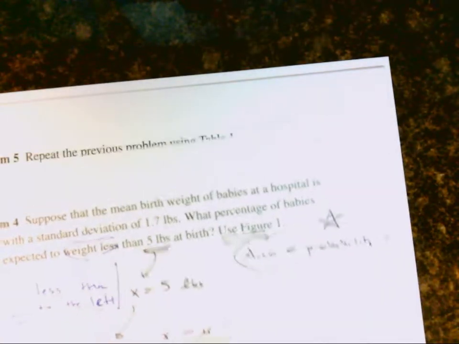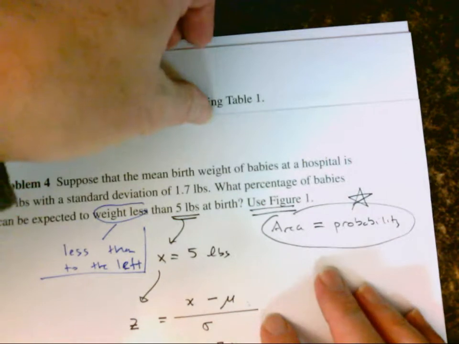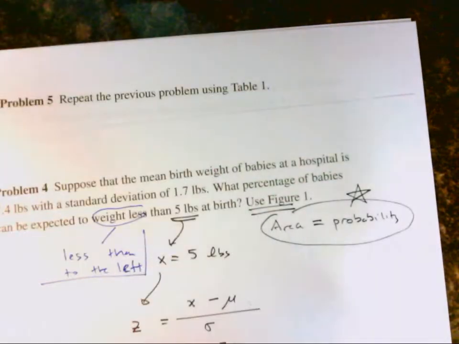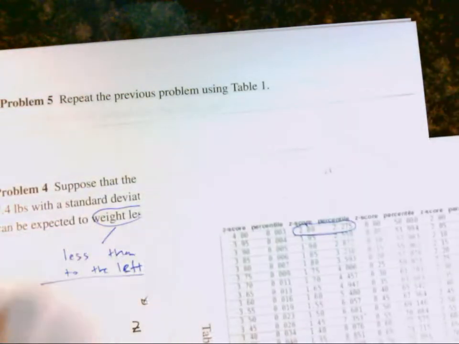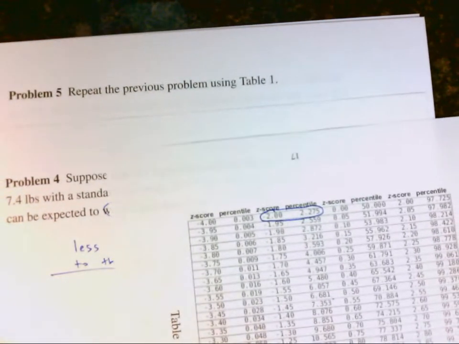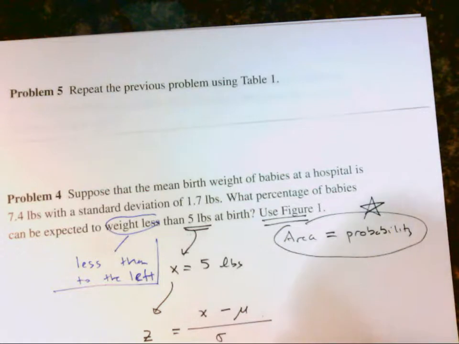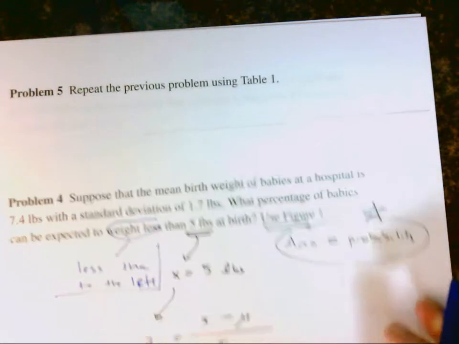We're going to repeat the previous problem now using a z-table. So we have to dig out our z-table, which was over here. And we'll have to find a value in the z-table that corresponds to z equals negative 1.4.